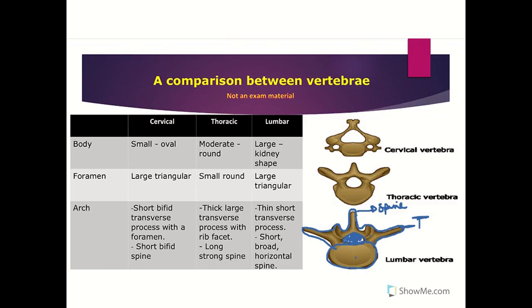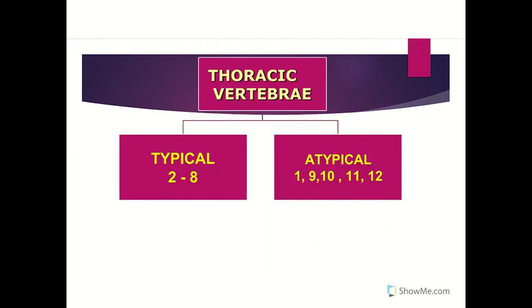Here, this is a comparison between different types of vertebrae: cervical vertebrae, thoracic vertebrae, and lumbar vertebrae, and it's not important for you to know the details of the difference between all of these vertebrae. We have a very important classification of the thoracic vertebrae into typical and atypical vertebrae. If you remember, we have a classification of the ribs into typical and atypical ribs.